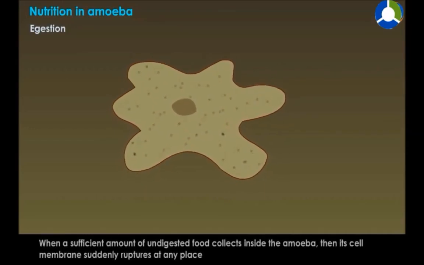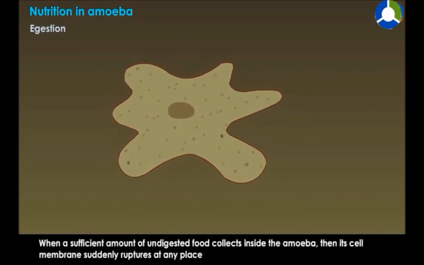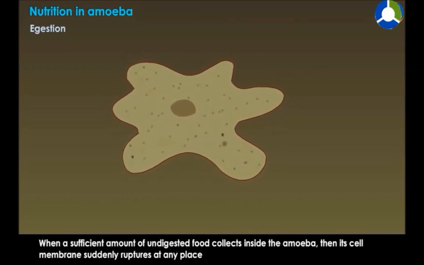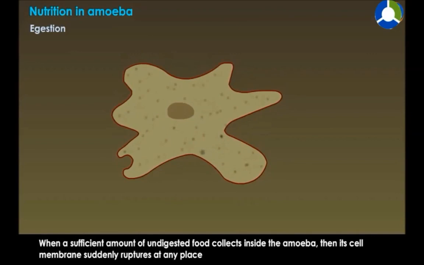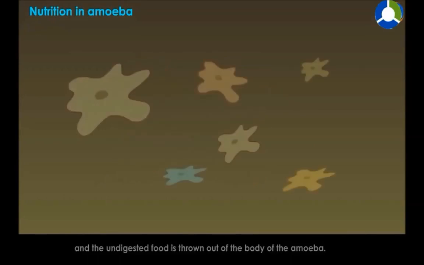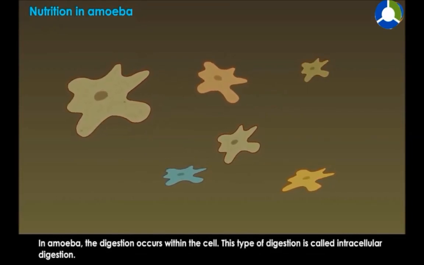Egestion. When a sufficient amount of undigested food collects inside the amoeba, then its cell membrane suddenly ruptures at any place and the undigested food is thrown out of the body of the amoeba. In amoeba, the digestion occurs within the cell. This type of digestion is called intracellular.